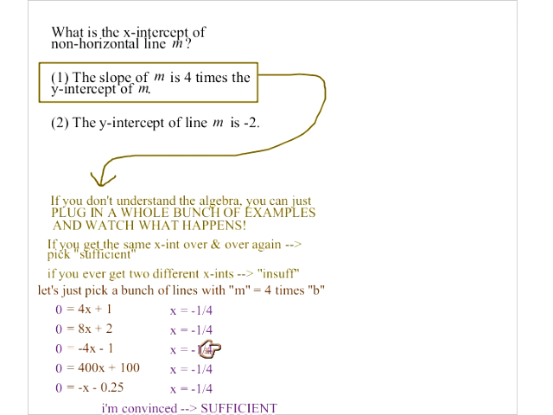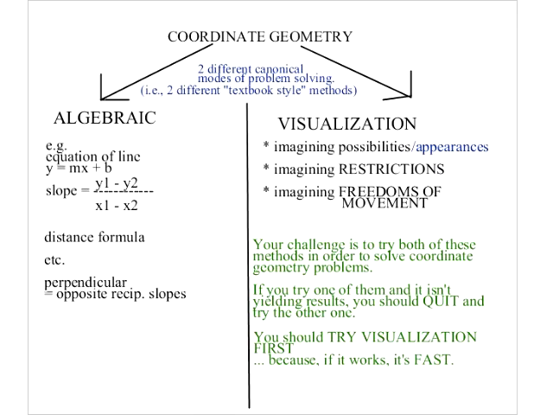Let's move on. Let's talk about critical reasoning. Any questions? If you've got any questions about this coordinate geometry stuff, the takeaways from today's lesson, let's just cycle through these slides and go over that. Remember, it's algebra and it's visualization. These are both valid. You should probably try visualization first because it's pretty much either going to work or not, and that's going to be a pretty fast decision.